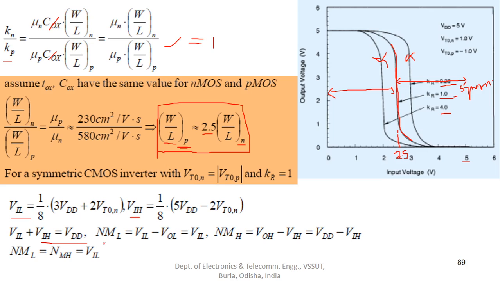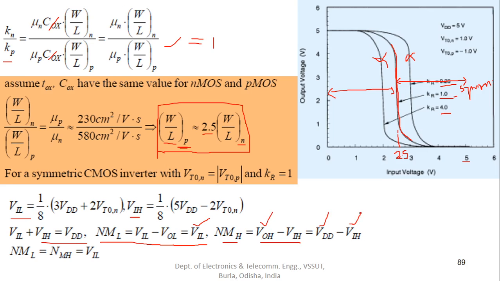Okay, so the noise margin low, we know that this is equal to VIL minus VOL, where VOL is nothing but 0 voltage. So it actually becomes equal to VIL for a CMOS inverter. And the high noise margin is equal to VOH minus VIH, and knowing that VOH is equal to VDD, it becomes VDD minus VIH.